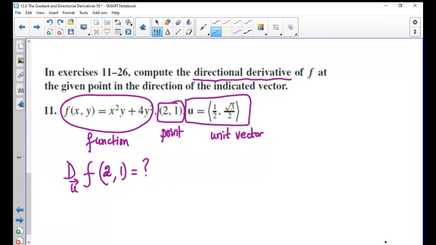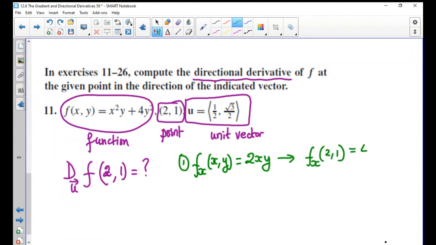So number one, you need to find fx first at any point xy. What is f of xy? Fx, the derivative with respect to x, it's 2xy. So this means fx at the point 2, 1 is going to give us 4. 2 times 2 times 1, it's going to be 4.